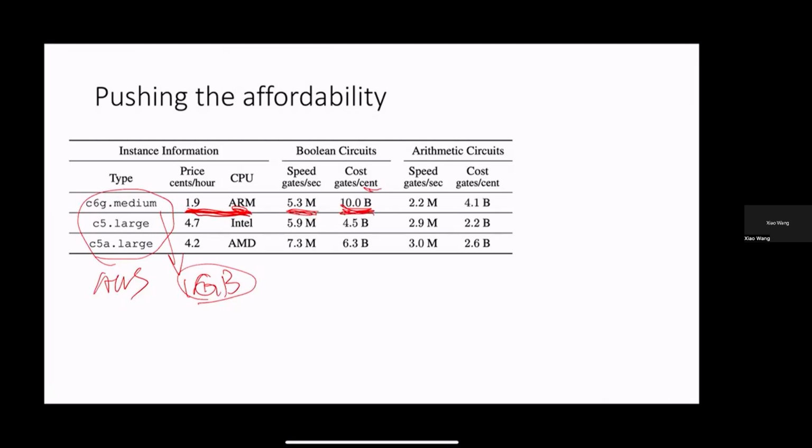Even if we have a very large computation, we can prove it in zero knowledge with very small monetary cost. Even for arithmetic circuits it's still very good: billions of gates per US cent. Essentially everybody can afford to use zero knowledge proofs to prove something to other people.